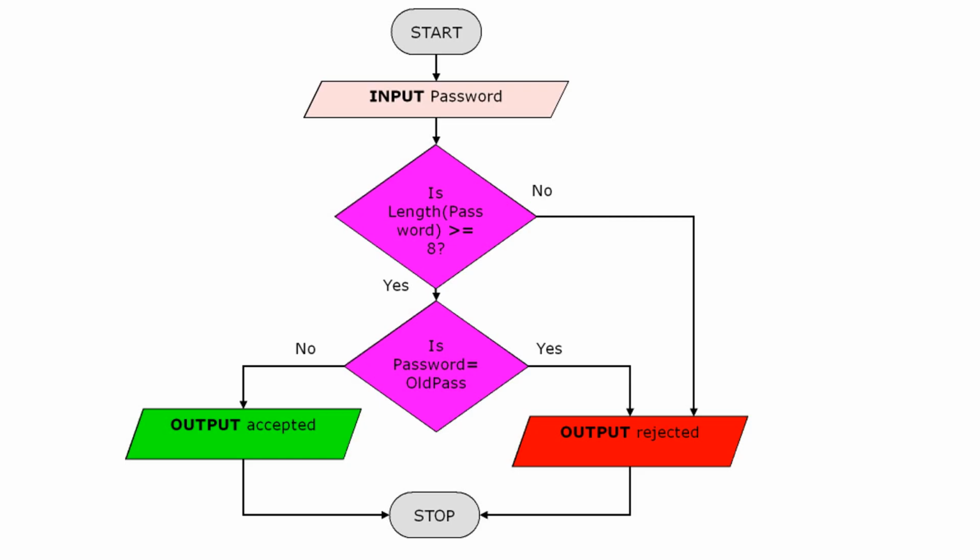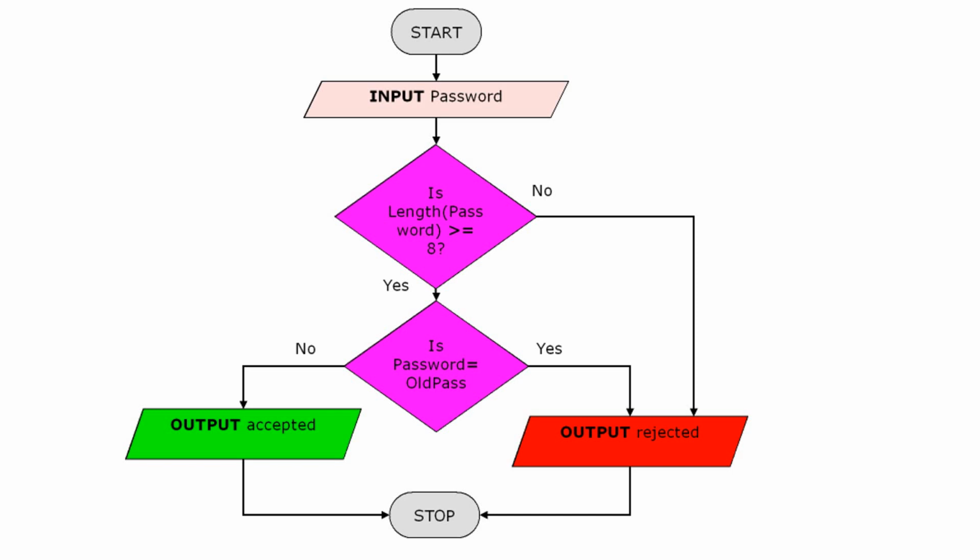It may be yes or no. In case of yes, we proceed to the next step, which is password equal to old password. If the password that you have input is equal to the old password, meaning the same password, then the output will be rejected.